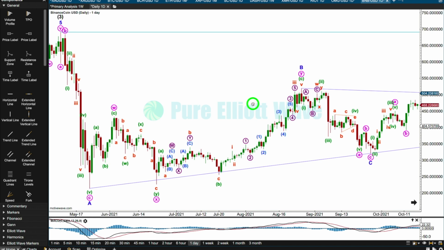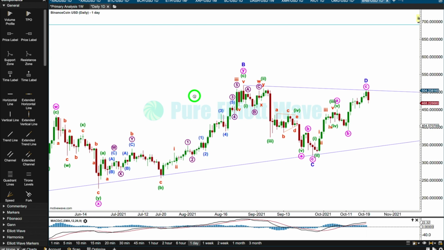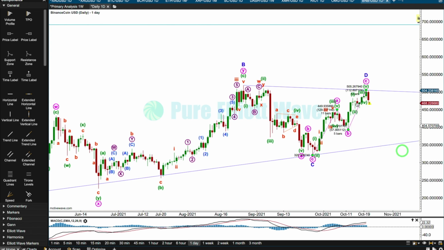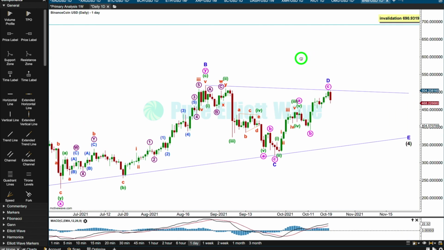Well, no, it could, B could fit as a single zigzag. I could also do this. No, here, and this little pullback here. Nope. Nope, that doesn't work. Great, that doesn't work.